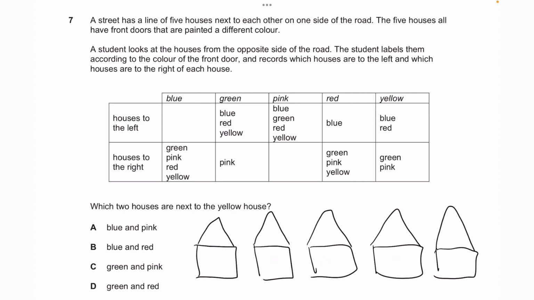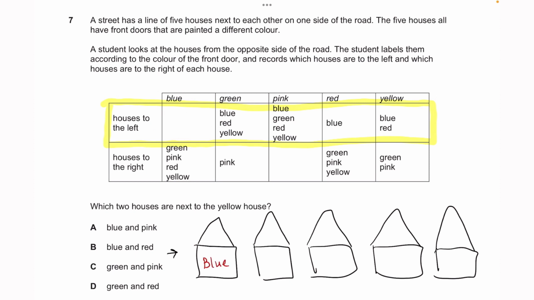And so we're going to focus on just the first column or the first row of information, because if we're going to look at it from the left, and so knowing your left direction, it's looking across from there. And so if we can see in the blue section, there are no houses next to the blue house from the left, and so that means the blue house is actually located over here.